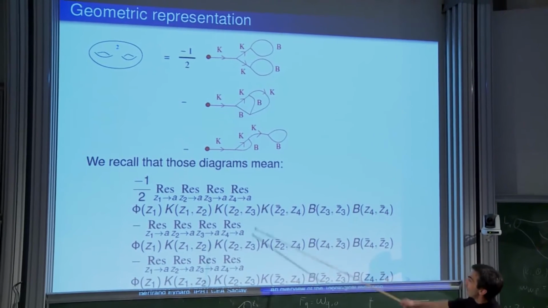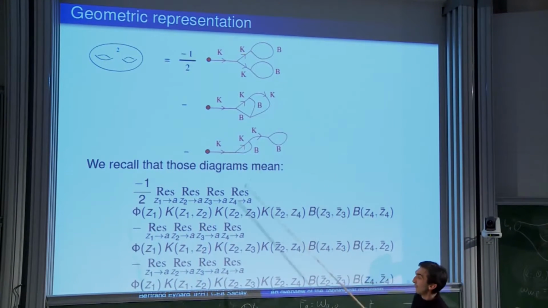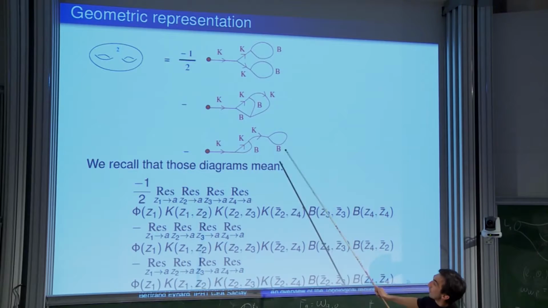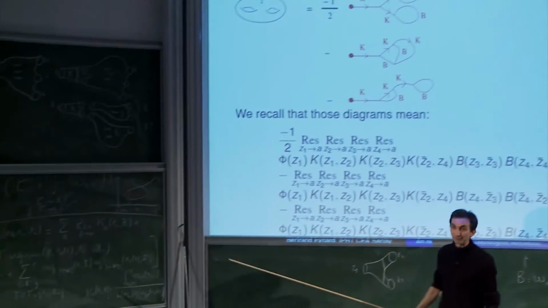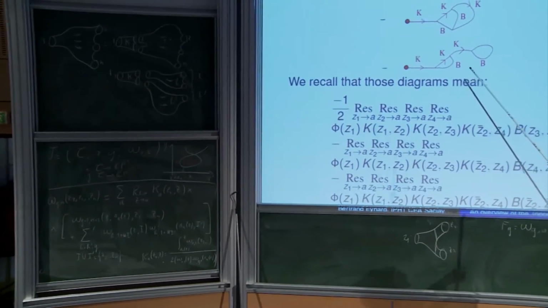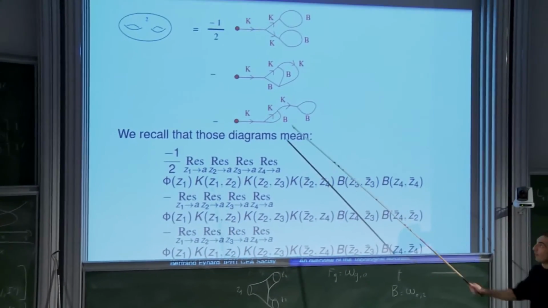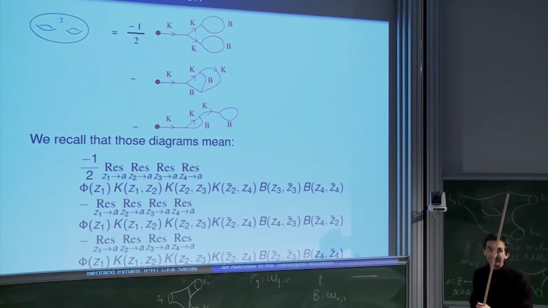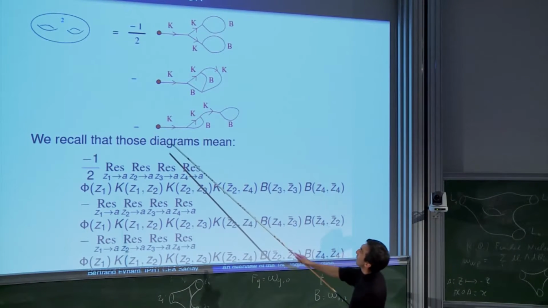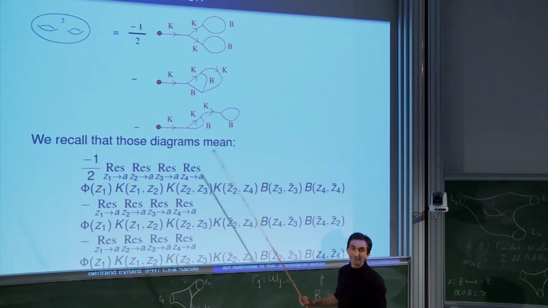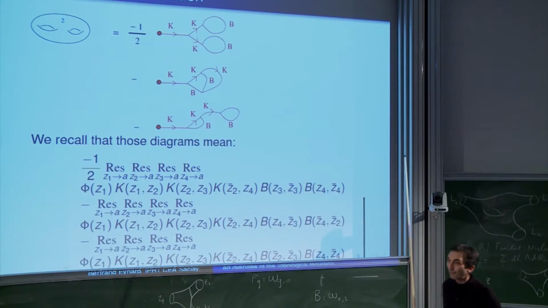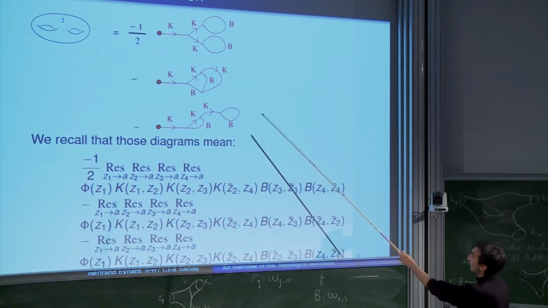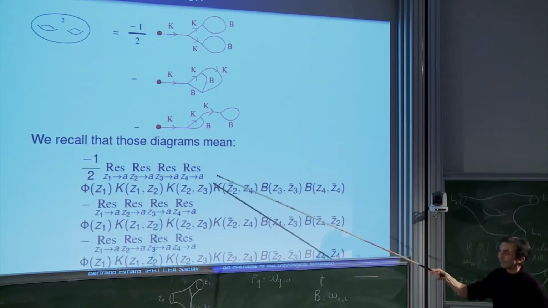So this is just the value of those graphs according to this equation. For me, it's much simpler to remember those three graphs for F2 rather than all this equation. Also you have a residue to take here at the phi. Those graphs are just a mnemotechnic way of writing this.